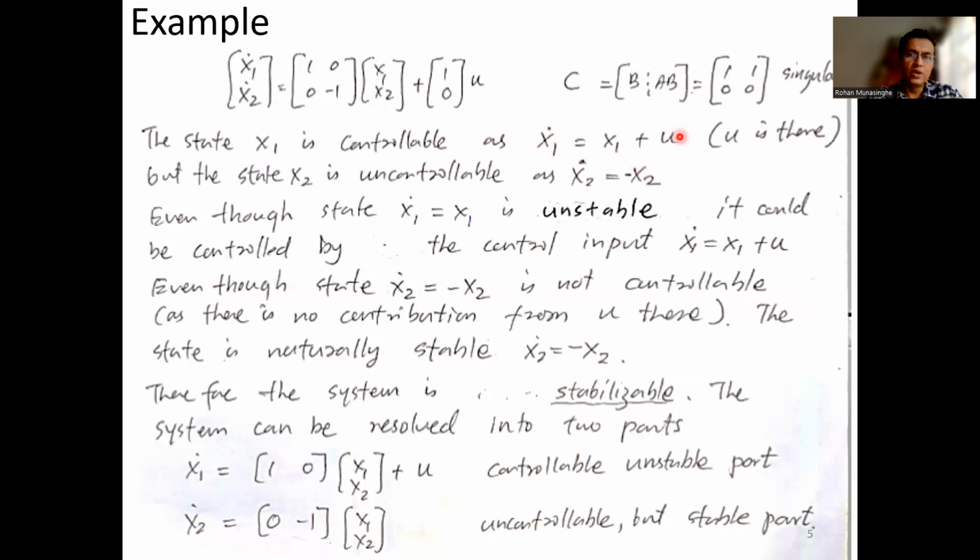If you look at the first one, what do you see? What can you tell me about the first equation, where it says the rate of change of the first state variable is equal to the first state variable itself plus u? The moment you see that equation, what is your conclusion? Is it stable or unstable?